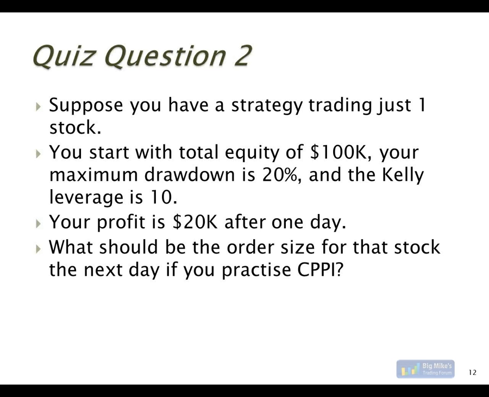So 20% of 120K, 120 times 0.2, is 24K. So the new risky account equity should be 24K. And remember, our Kelly leverage is 10, so you should leverage this 24K equity 10 times to give you a 240K portfolio, or more order size, because the portfolio has only one stock, so the order size is 240K.